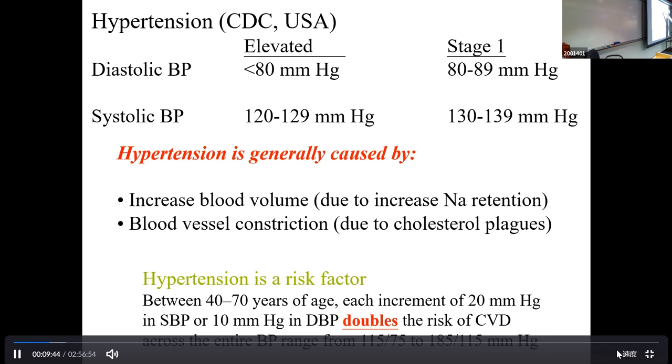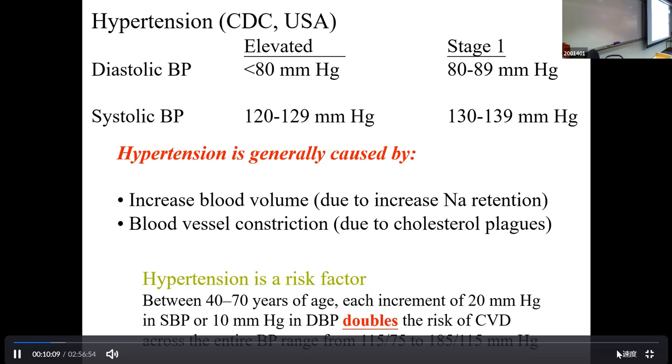If your diastolic and systolic blood pressure are in this category, then you are considered to have an elevated level of blood pressure, and you will be stage 1 hypertension if your diastolic blood pressure is greater than 80, and or the systolic is greater than 130.